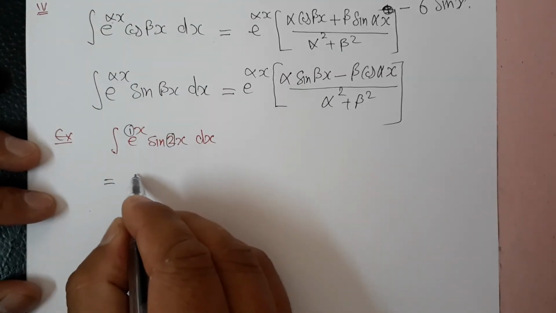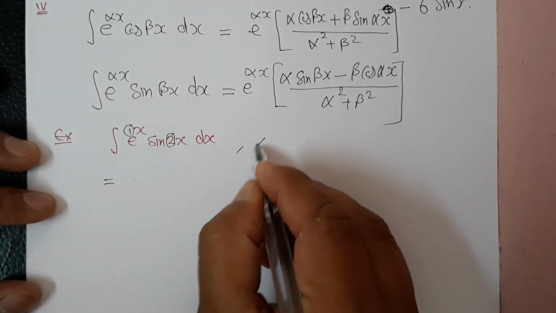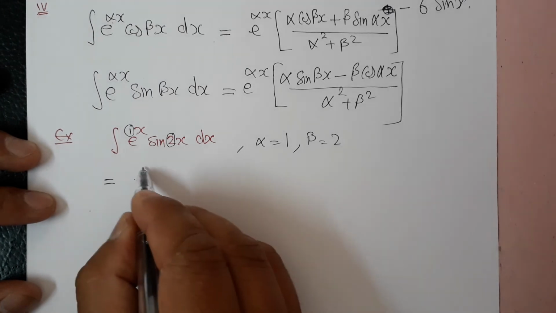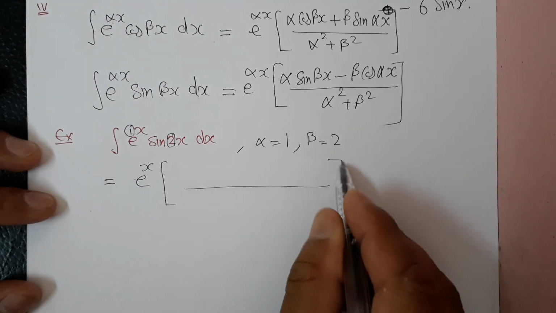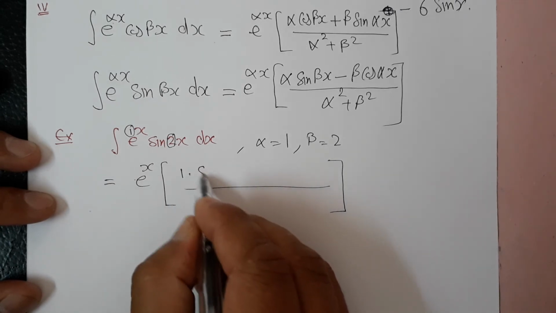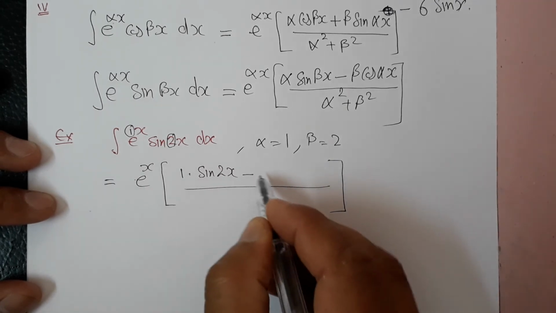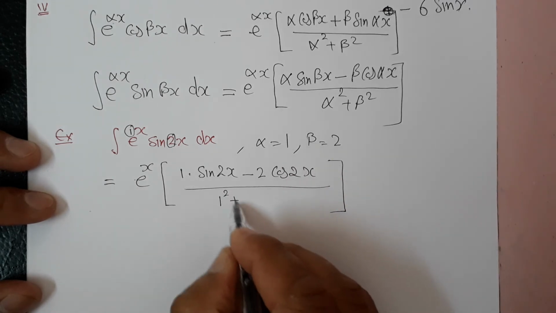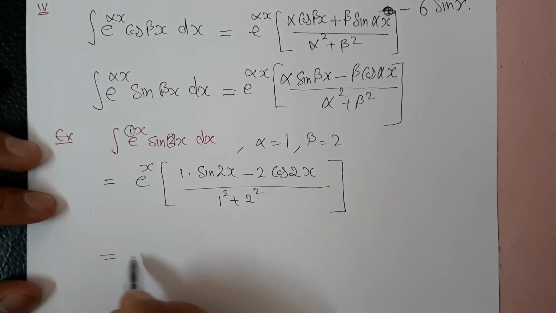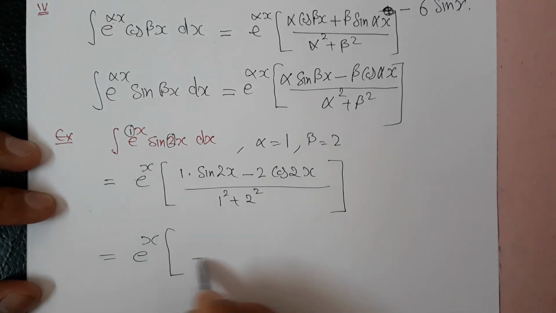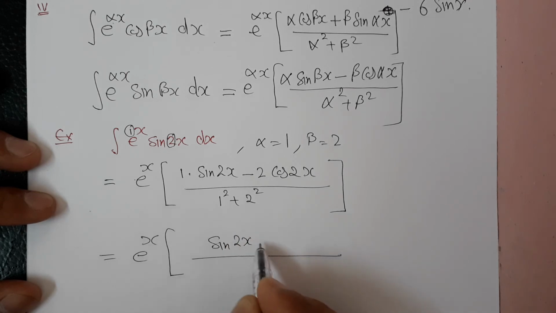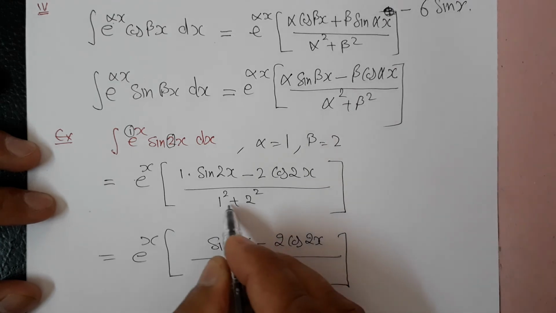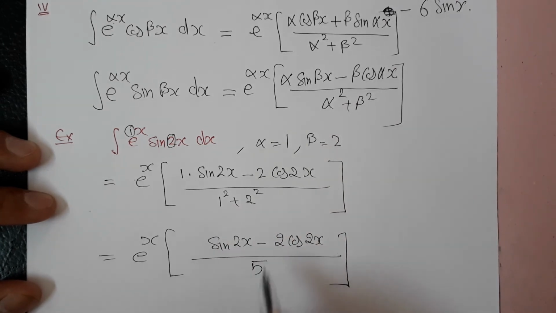So alpha is 1 and beta is 2, and this is sine, so we'll use the formula e raised to the power x, and in bracket we have 1 sine of 2x minus 2 cos of 2x, divided by 1 square plus 2 square. This comes out to be e raised to the power x, bracket start, sine of 2x minus 2 cos of 2x, divided by 1 square plus 2 square, which is equal to 5.